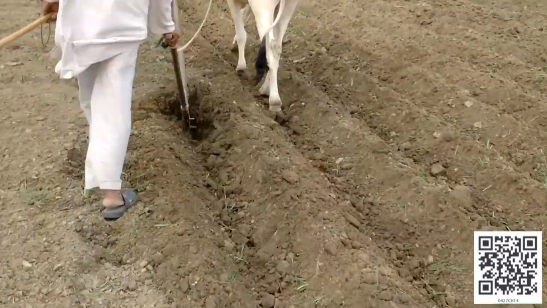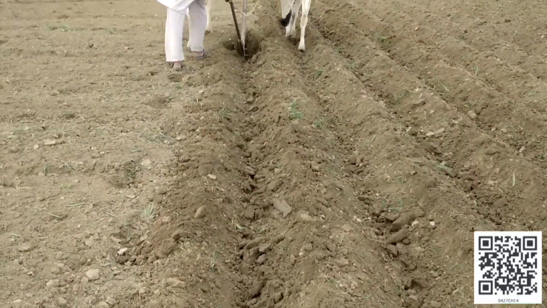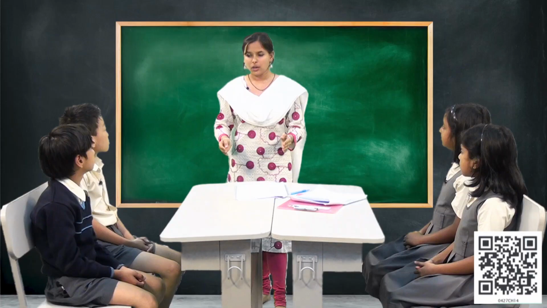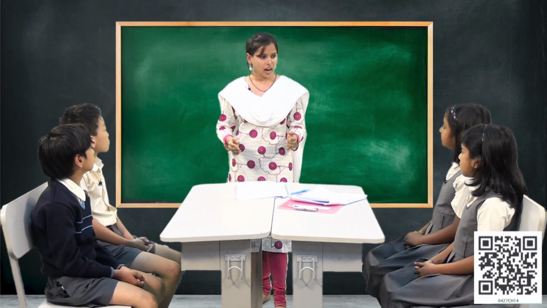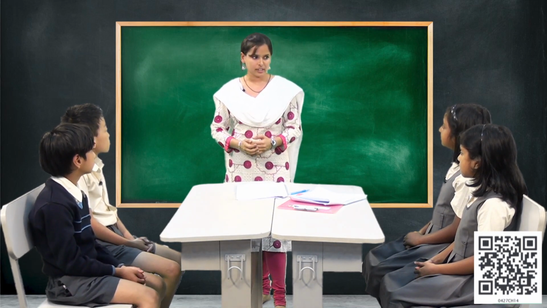This device is used to pull through the ground in order to break it up into furrows for planting the seeds, and that is sowing of seeds. Basava would also like to do this just like his father. Children, can you tell me what you mean by furrowing?